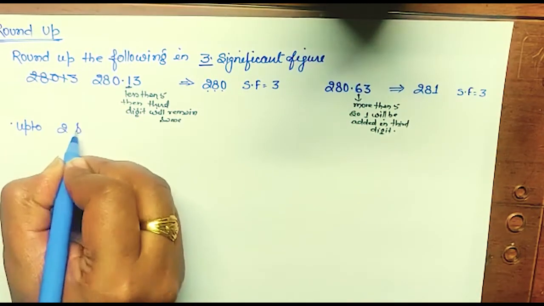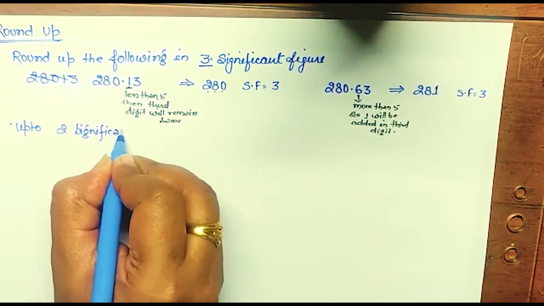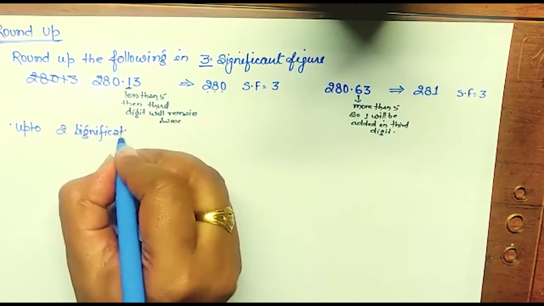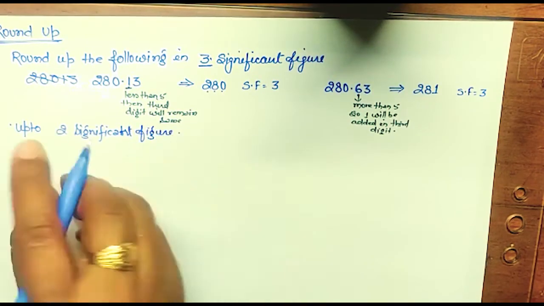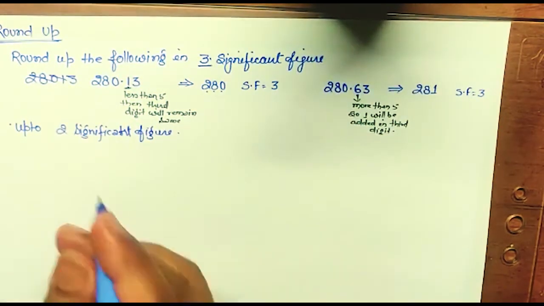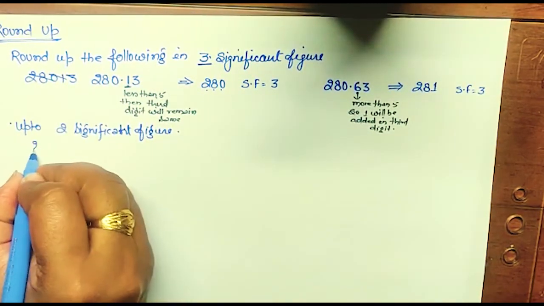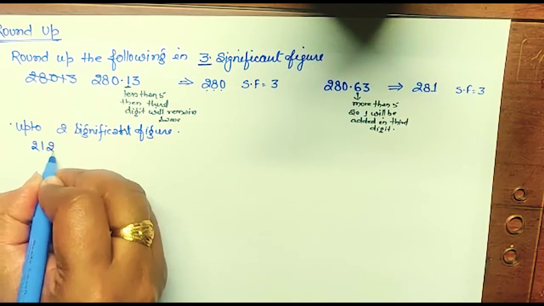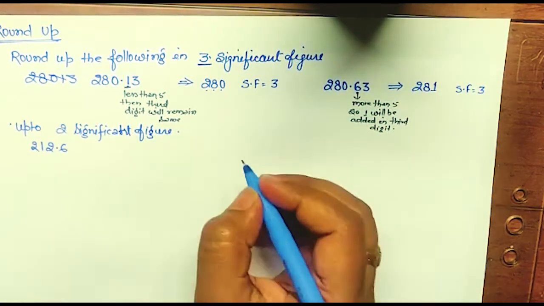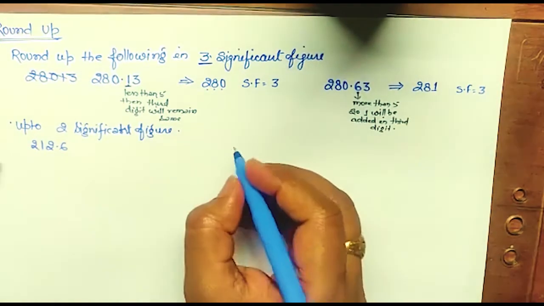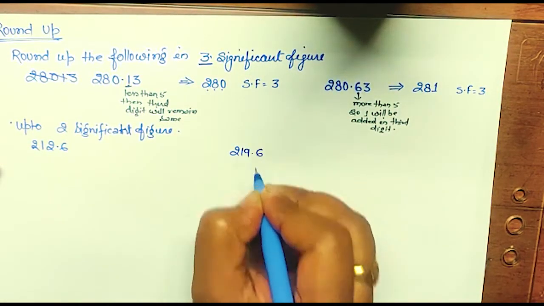Similarly, if the question is to round up to two significant figures, which digit do you have to check? You have to check the third digit this time. Okay, let me take an example. If it is 212.6, and another example, let me take 219.6.